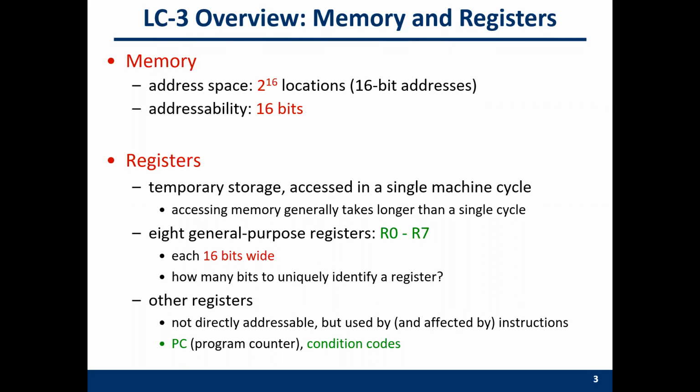For the general purpose registers, there are only 8. So by 3 bits, we can index them from 000 to 111, which is R7. Each one is 16 bits. And again, you need 3 bits to index a register.